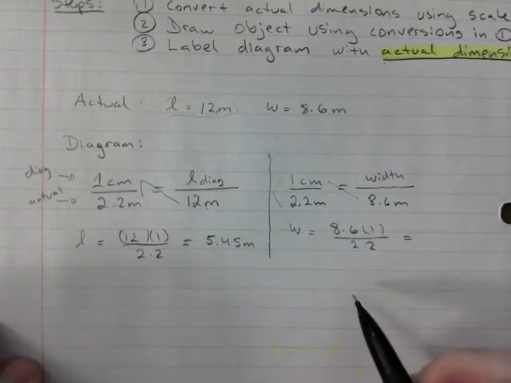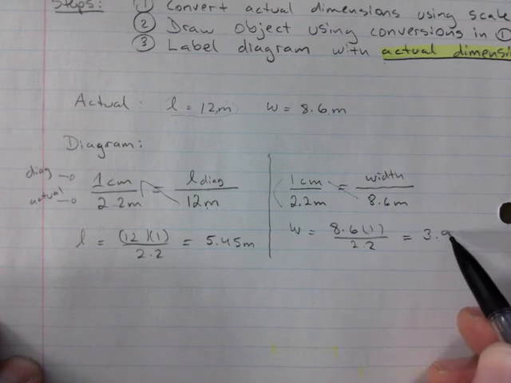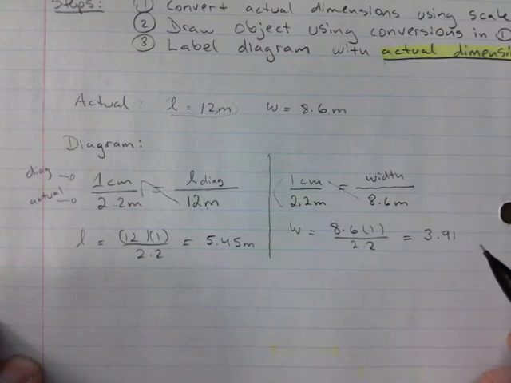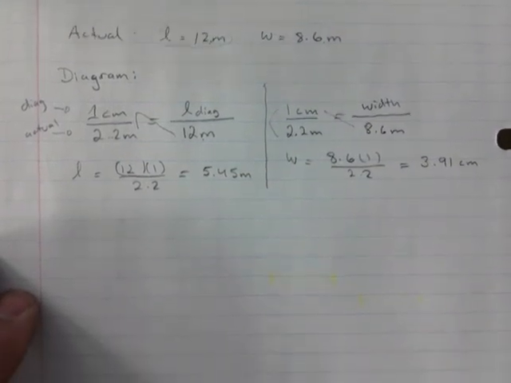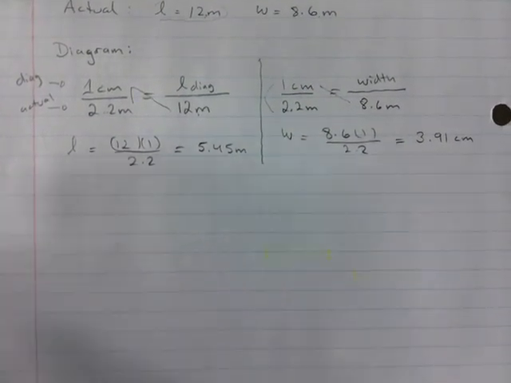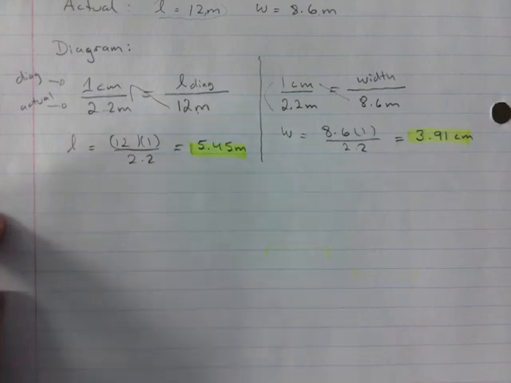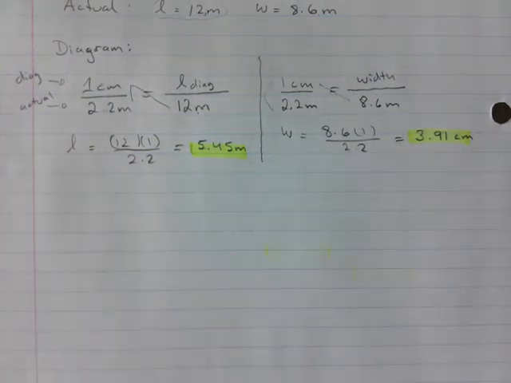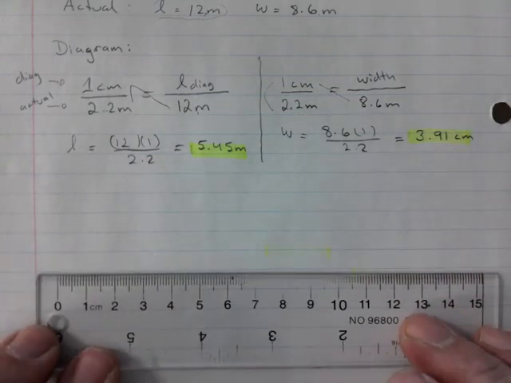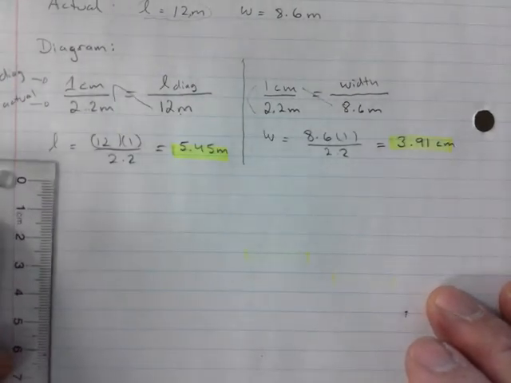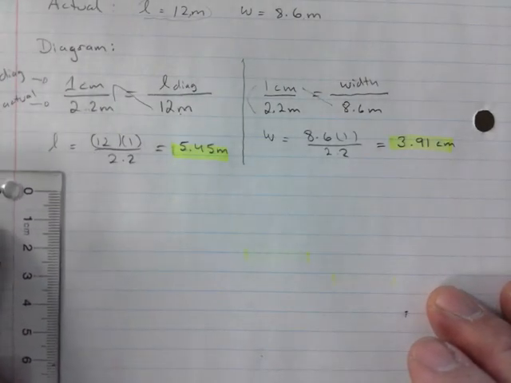And for the sake of time, I'm just going to tell you what the answer is, 3.91 centimeters. Right, so I'm going to use these to actually draw my diagram. Okay, so that's what you're going to use to actually sketch it. So it's 5.45 in length, 3.91 width.